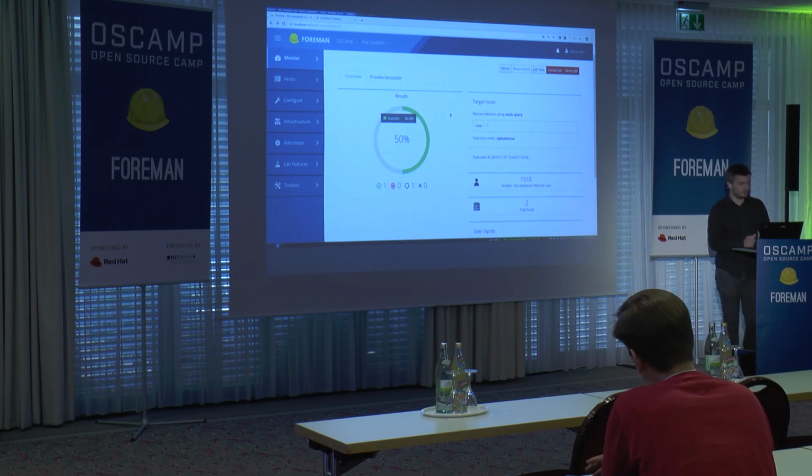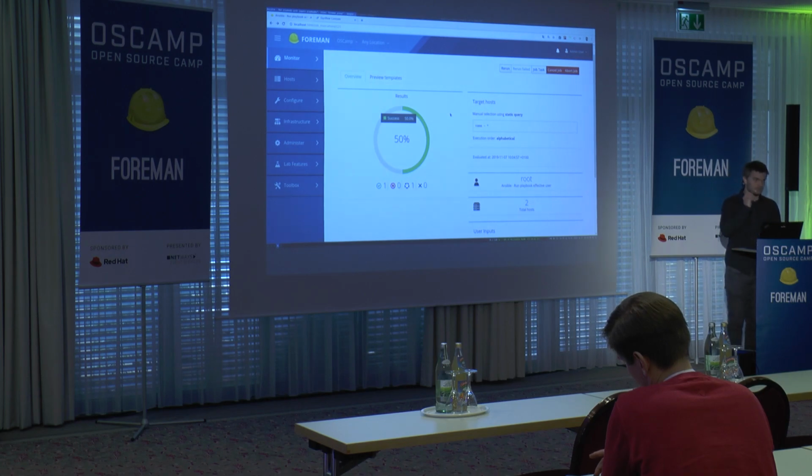So how this all works in the 1.23 version of Foreman and Ansible. You have the Ansible playbook implementation, which runs Ansible playbook for each host. So we are generating the playbooks for each host.